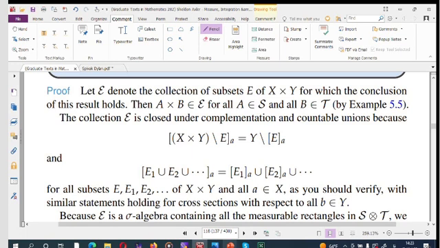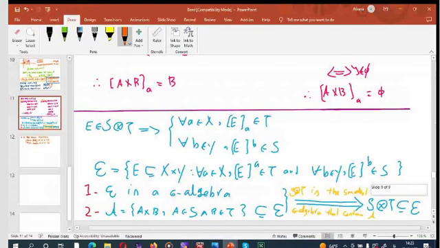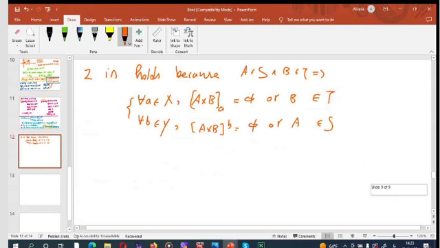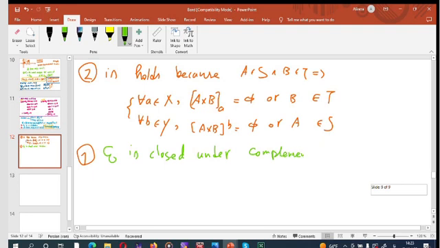Note that for the proof of 1, okay, at first we prove that E is closed under complementation.